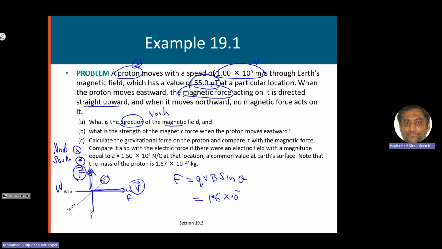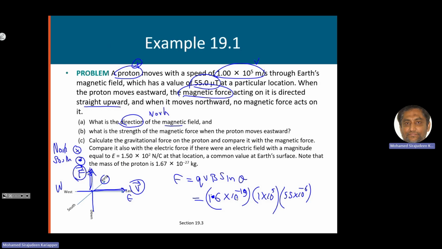Well, this is a homework problem. And V is 1 times 10 to the power 5, and B is 55 microtesla. Multiply by sine theta.